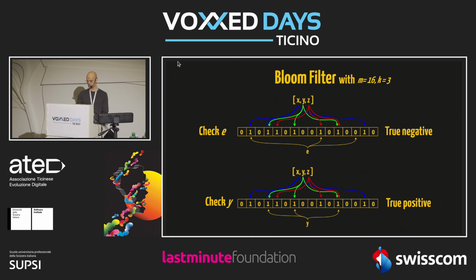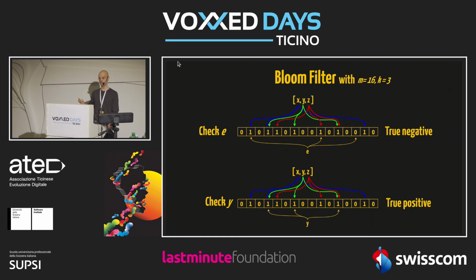The second hash function maps to another element in the array, which is set to 1. But the third hash function maps to an element which is still 0. This means that E doesn't belong to the set. So if the Bloom filter is asked if E belongs or not, it will return false. It will return no, it doesn't belong.